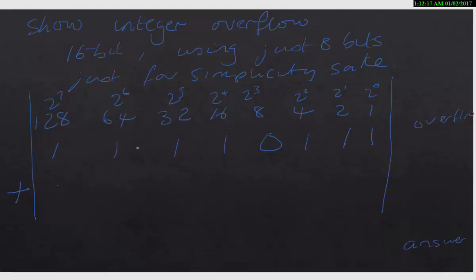So just adding anything over 8, like this for example, will cause overflow, because that's going to be 255 take away 8, which is 247.